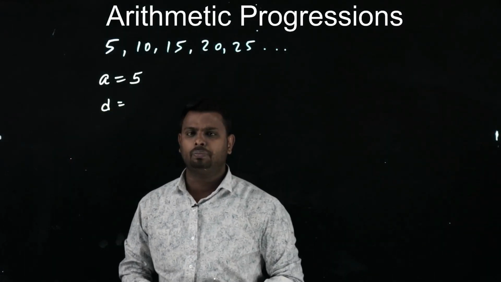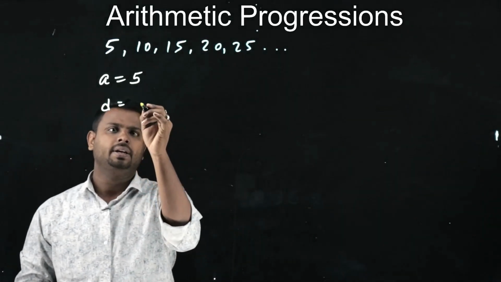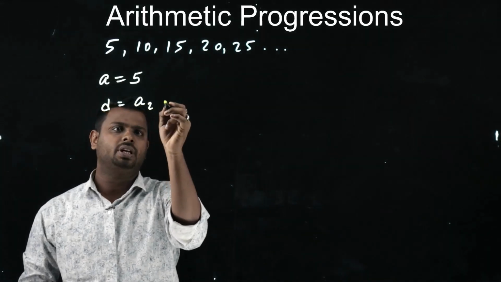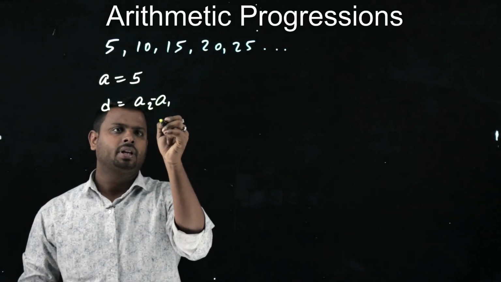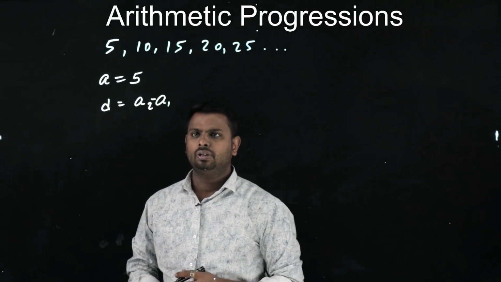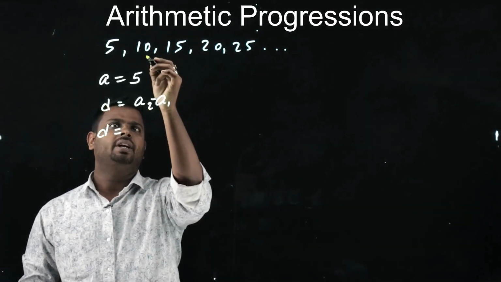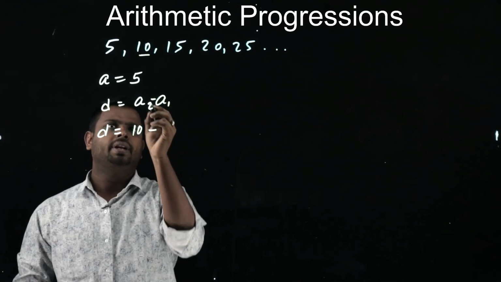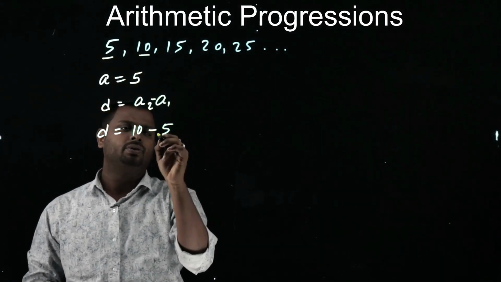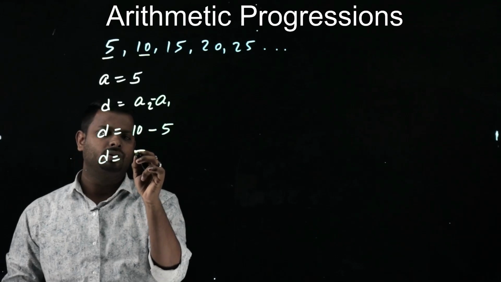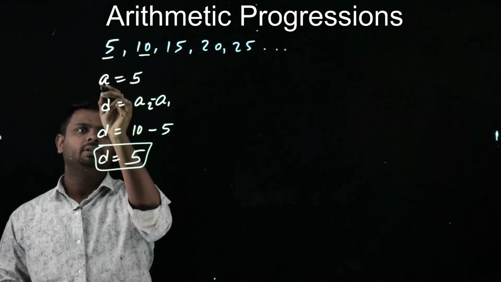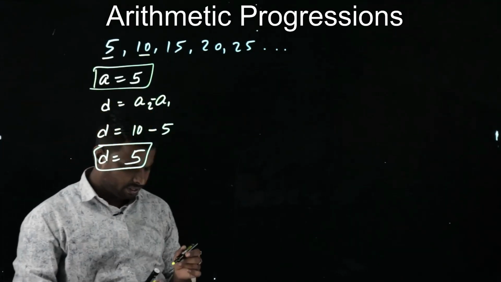By taking the difference of any two consecutive numbers. So your d is a2 minus a1. What is the second term here? 10, minus the first term 5. So 10 minus 5, d is equal to 5. Clear? So you have a and you have d.